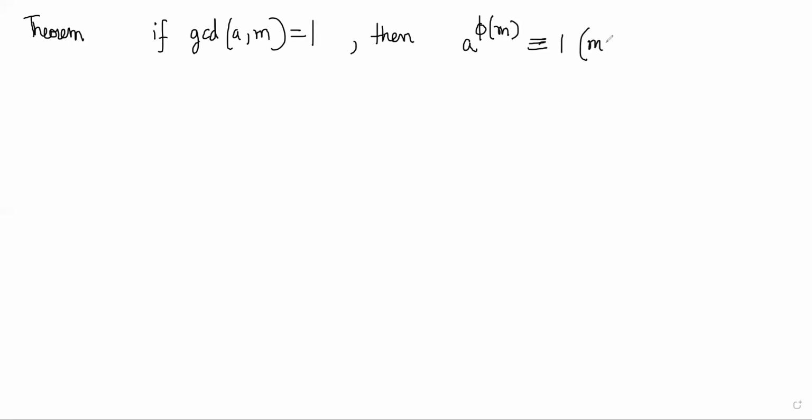The theorem is this: if GCD of A and M is 1, then A power phi of M is congruent to 1 mod M. We'll be proving this now. GCD of A and M is 1, and we want to show that A power phi of M is 1 mod M.